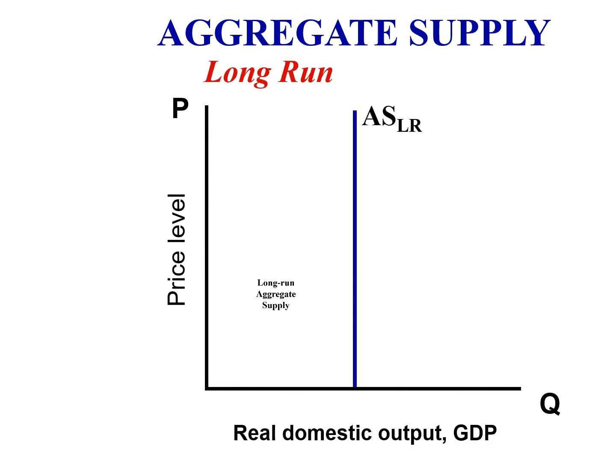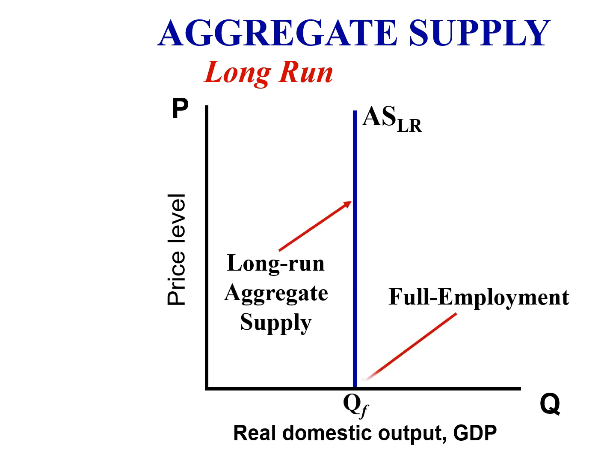But let's first look at the long run aggregate supply curve. Like I said on the previous slide, you can see this graphically. The picture tells 1,000 stories, right? Notice the long run aggregate supply curve is vertical at the full employment level of output, QF.